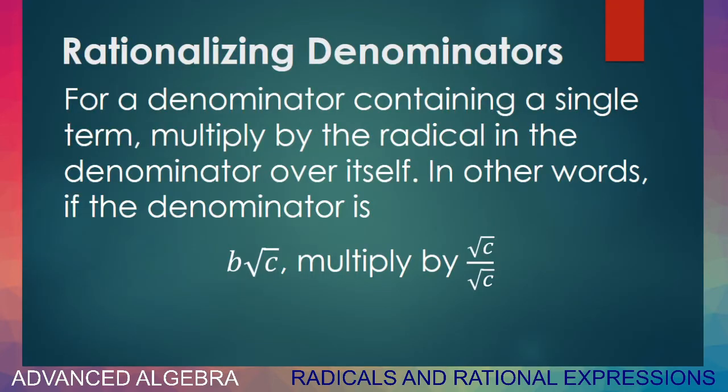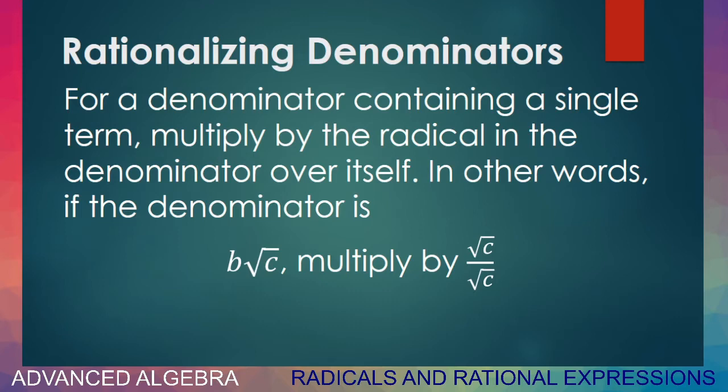Okay, so for a denominator containing a single term, multiply by the radicals in the denominator over itself. So in other words, if the denominator is b, the square root of c, we will multiply it by the square root of c over c. So, yung pinakita ko sa inyo kanina, so meron siyang the square root of c. So, ang ginawa ko, minultiply ko siya dun sa the square root of c over the square root of c.